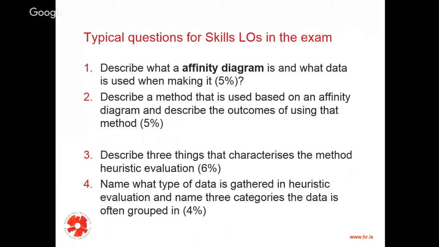But if I say describe, I would like you to do more than just the name. It means at least 2-3 sentences described for me. So now I'm teaching you how to take the exam. What do I mean by this word here?